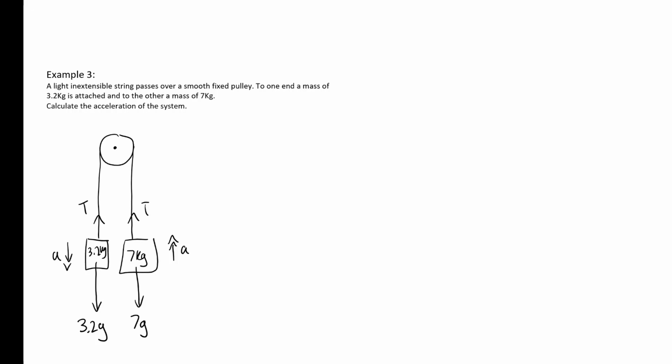Step 4 is to apply Newton's second law, F equals ma, to each object. First we'll apply this to the 3.2 kilogram object. As it's accelerating down, we'll take down to be positive for that one. So we've got 3.2g acting down, and then tension is acting up, which is negative in this scheme, and that has to be equal to 3.2a.